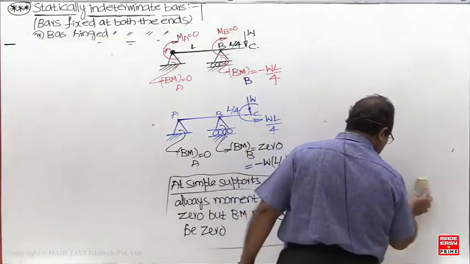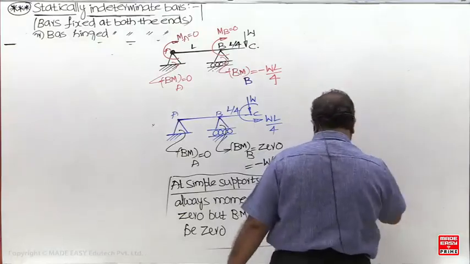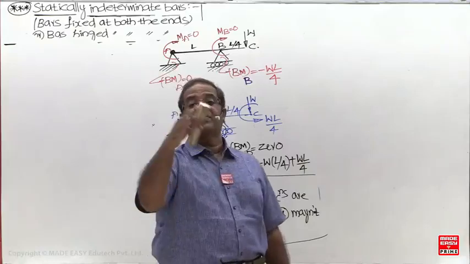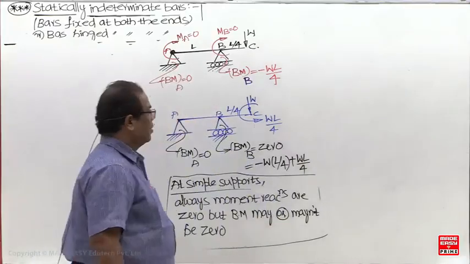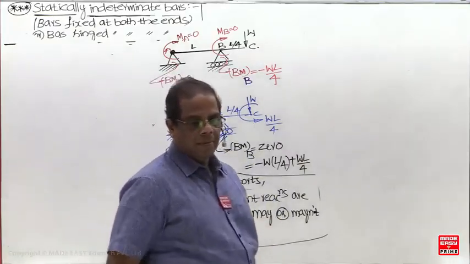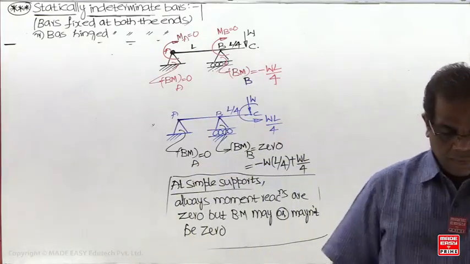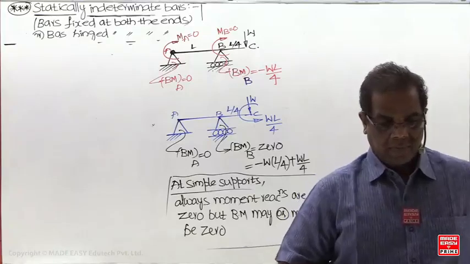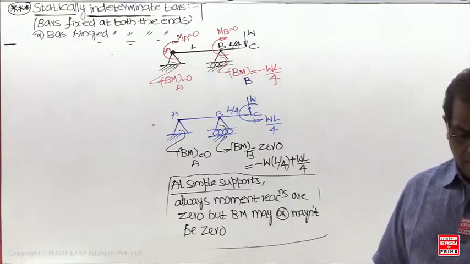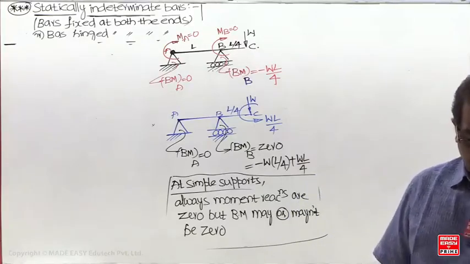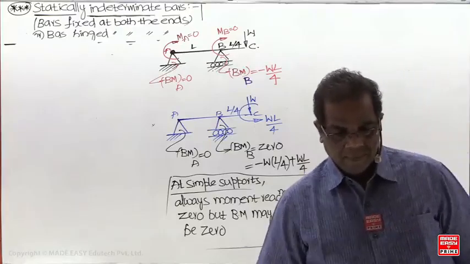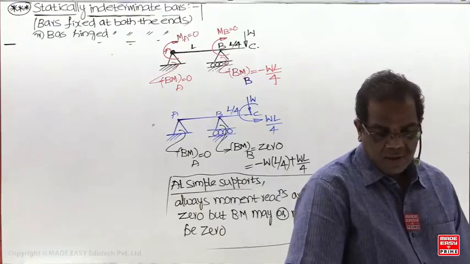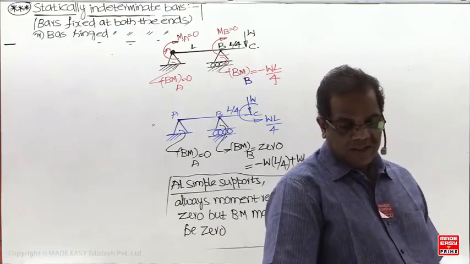Why are moment reactions always 0? Because they permit the rotation. But bending moment depends upon what? The algebraic sum of the couples and moments, either on the left side or the right side. In one case both are 0, in the other only the moment reaction is 0.